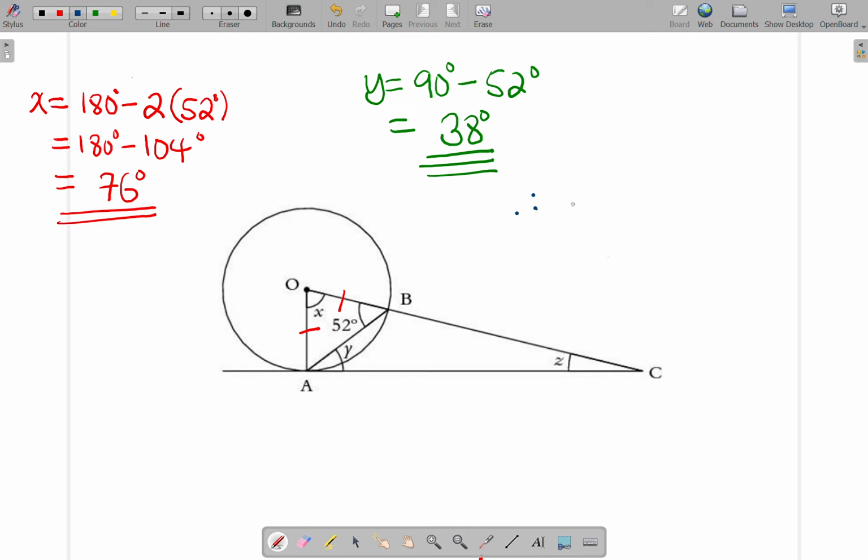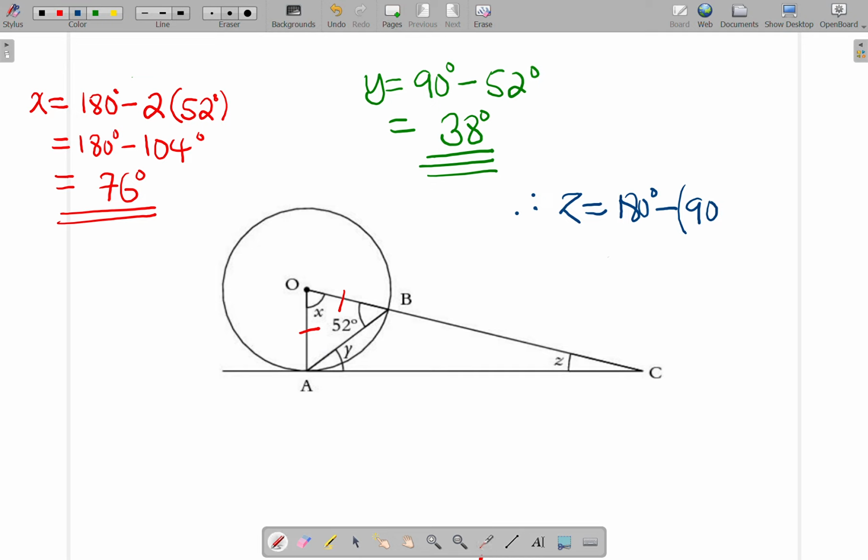Therefore, I'll say z is going to give me 180 degrees minus 90 at the point of contact. Can you see? Here at the point of contact there's a 90. I hope you're able to see that.